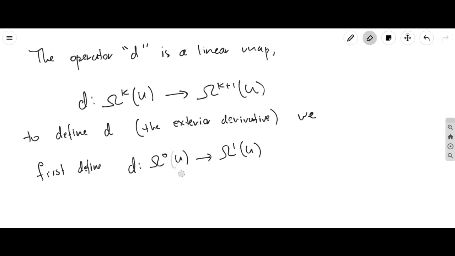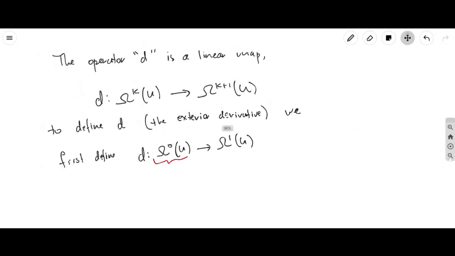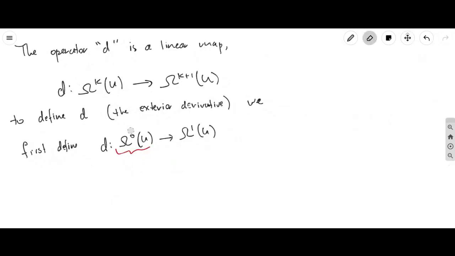Now, what are 0 forms? We did not talk about this before, but you can probably guess what this is. In general, a k form consists of smooth functions on U, and you're choosing k differentials. Here you're choosing 0 differentials, but you're using smooth functions. So all this is, is smooth functions on U. If that's not clear, just look at a very simple example. Let's say we want 0 forms on R2.